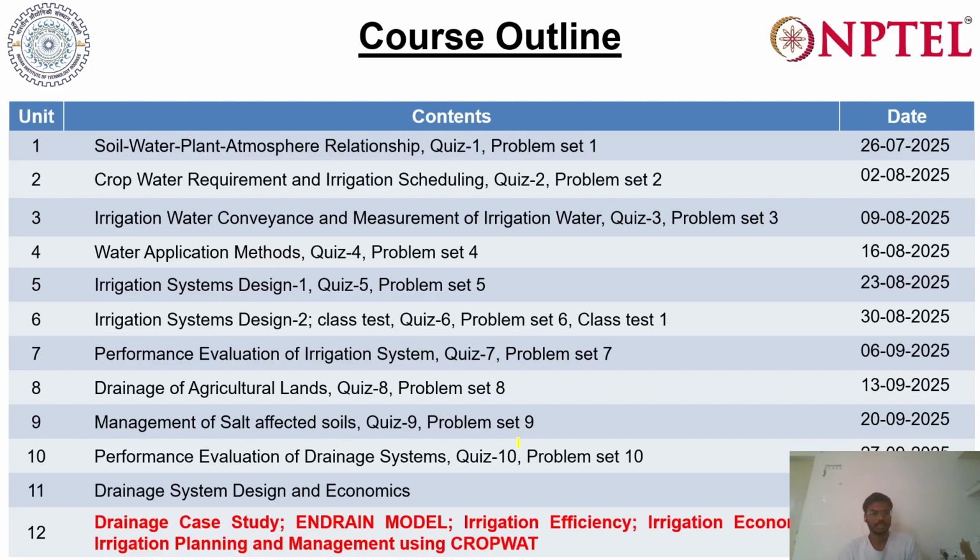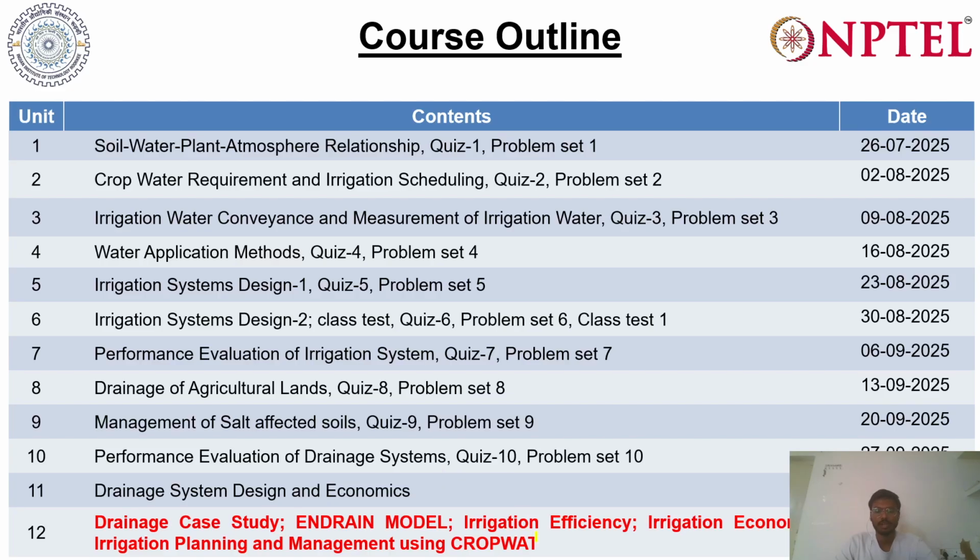So in this week we will focus on drainage case studies. I will not go into detail, but we will quickly recap what content we discussed during last week. Then the drain model, which is a conceptual and fundamental model widely used in drainage design.